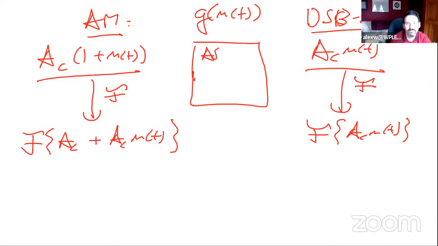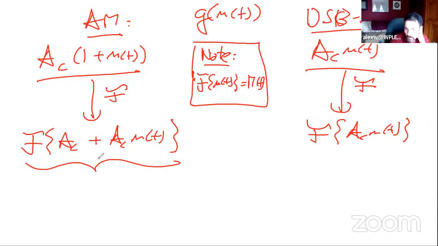Note, and this is actually kind of important, that the Fourier transform of m(t) is equal to M(f). The Fourier transform is a linear operator, so we can apply it to each individual term in the AM case.